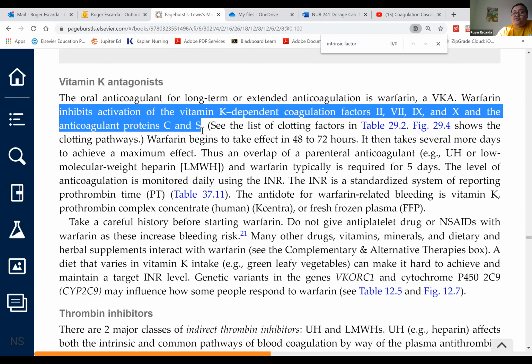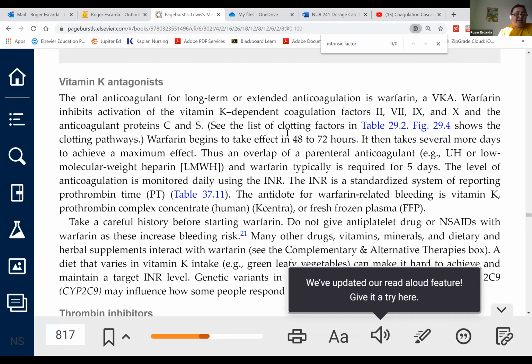Oh, so no, because they're already activated. Right. Okay, so warfarin only affects future activation of more clotting factors. If there are clotting factors already in the plasma, warfarin can't affect those things.